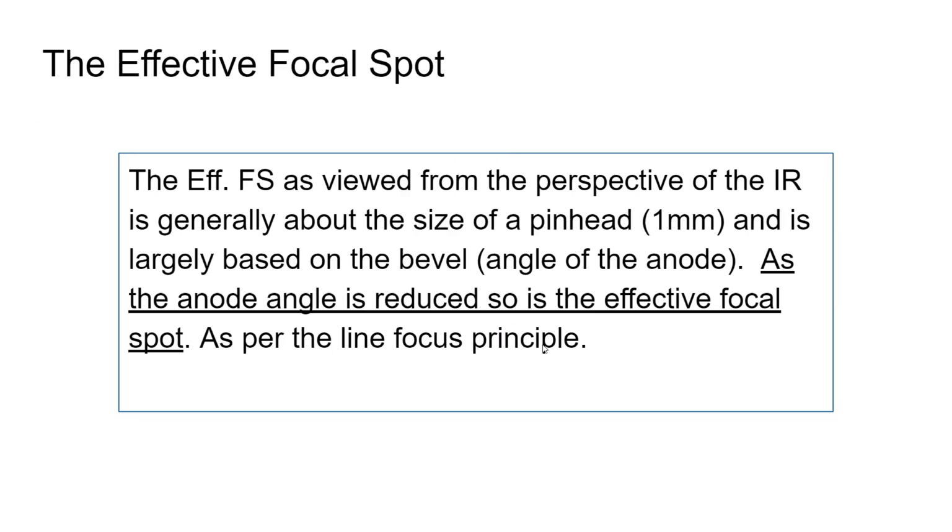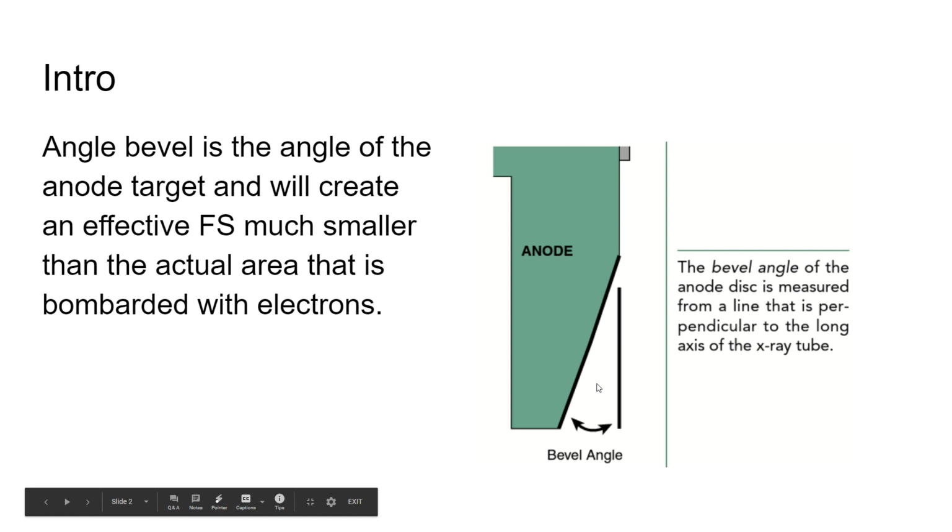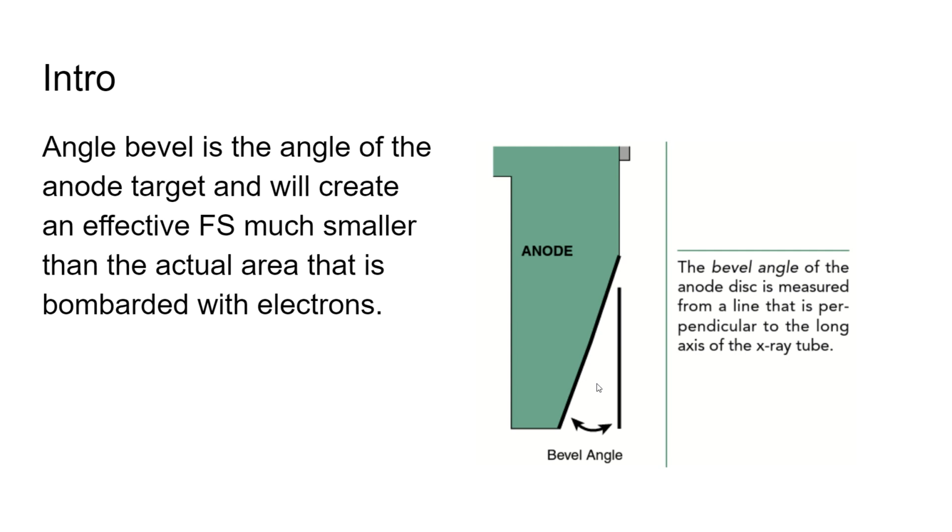So we're talking this angle here, right, is 15 to 17 degrees. And this angle is made from sort of the tube is here, so it's perpendicular and down, right? So that's where you get this kind of angle in here.